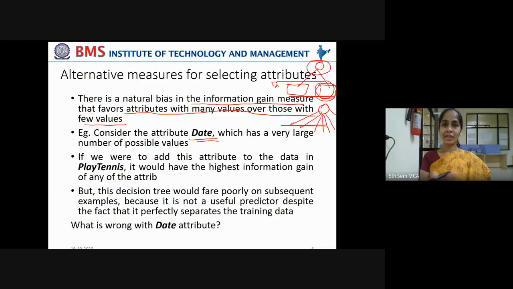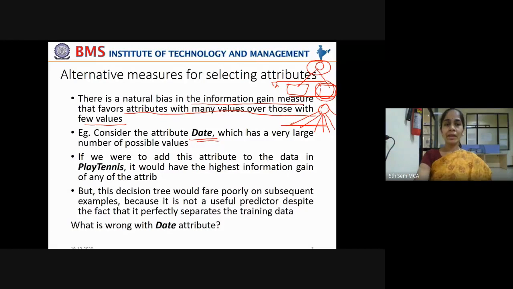But does it generalize well to the unseen data? That is our question. That is our criteria to select an attribute. Because date is perfectly classifying the training examples based on the outcome variable, we can't say it is a good predictor. Why?